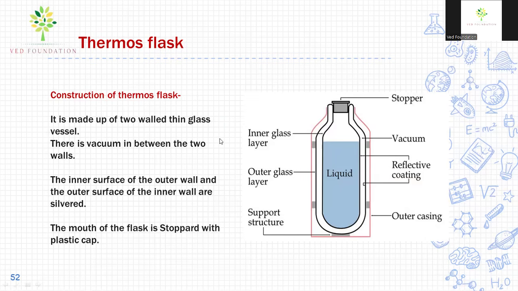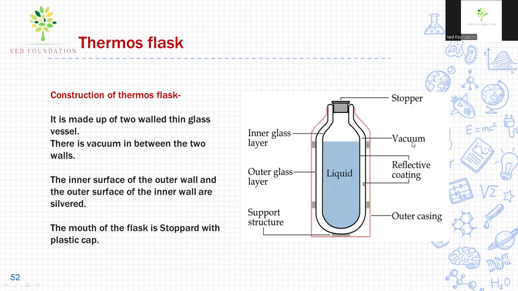This is the construction of a thermos flask. It is made up of a two-walled thin glass vessel. These are the two glass vessels having two walls. This is the outer wall and this is the inner wall. And between the two glass walls there is a vacuum.